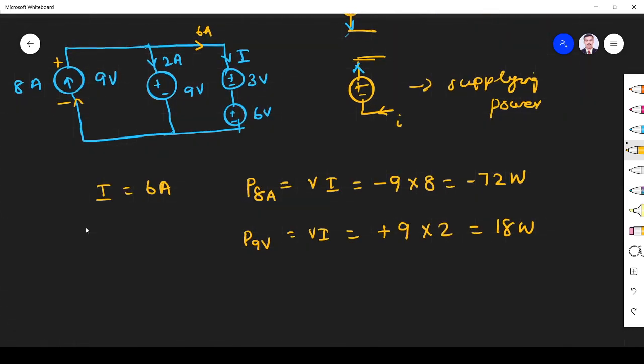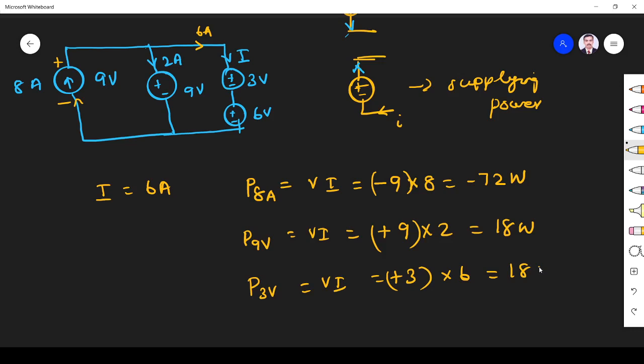Next, power through the 3 volt source, VI. Here also current enters at the positive terminal. So V is plus 3, into I is 6 ampere.